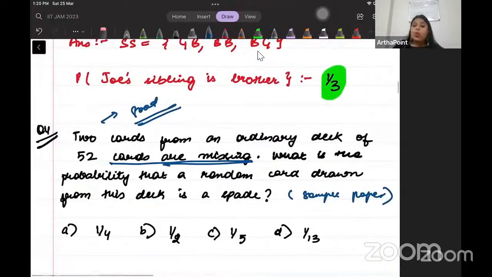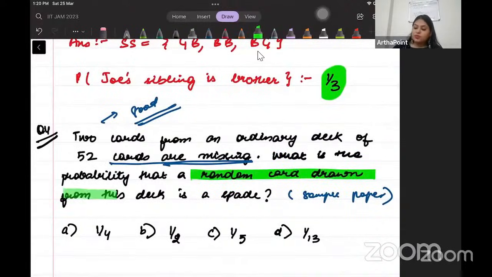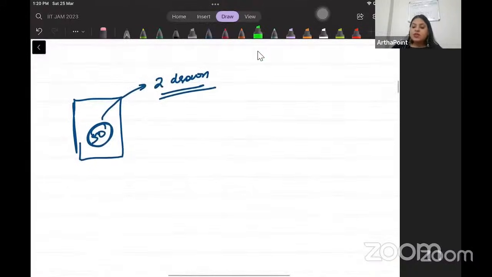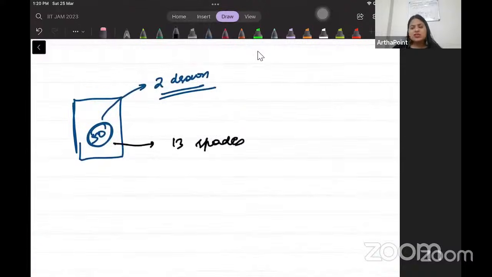Now it says, what is the probability that a random card drawn from this deck is a spade? We know that there are 13 spades, 13 diamonds, 13 hearts. But now it is saying that I need to draw a spade out of these 50 remaining cards.